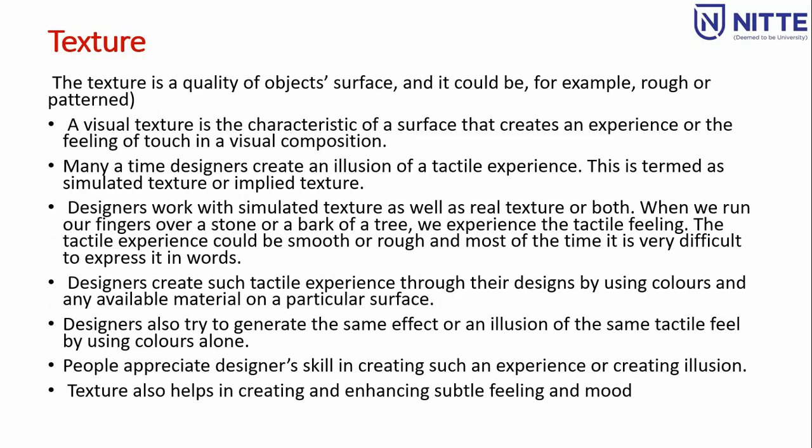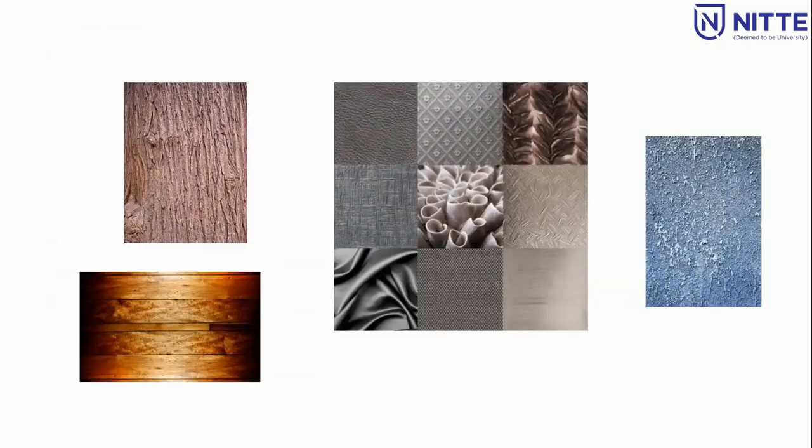Here, when I'm talking about texture, every surface has a feel when you touch it. It can be smooth, rough, soft, or spongy, and you can actually create these kinds by painting, by putting shades or having different approaches to create that texture. These are some examples of texture.